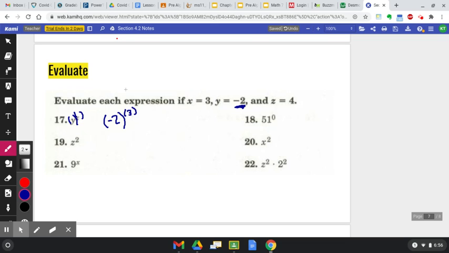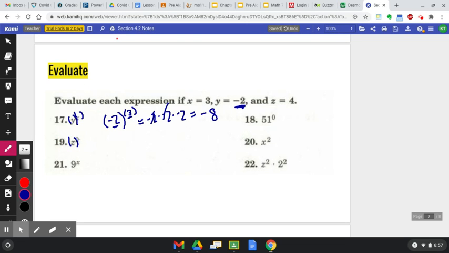So I can use my calculator, or I just want to know that we understand that this is negative 2 times negative 2 times negative 2. So use your calculator, and you should get negative 8. Negative odd power, because every two of them is a positive, so I end up with that negative riding out to the end. And again, use your calculator. Make sure that you can compute that correctly if you're not doing it by hand.